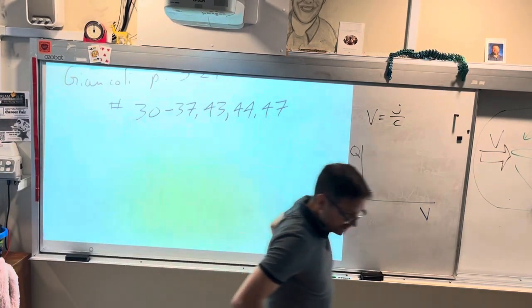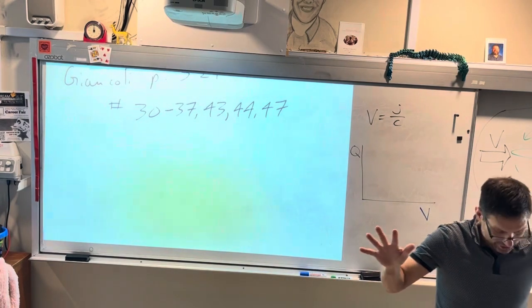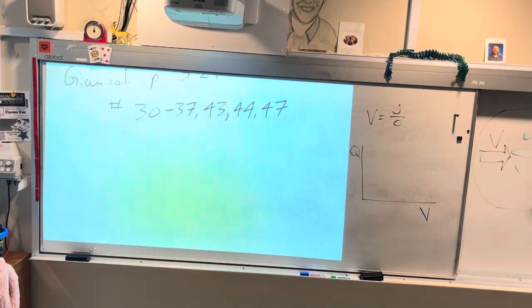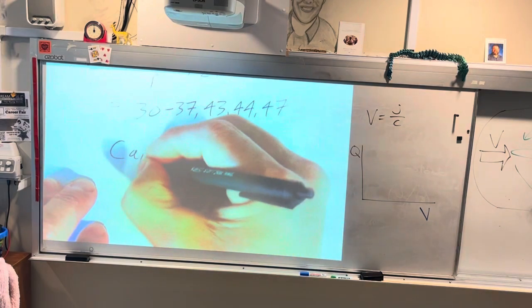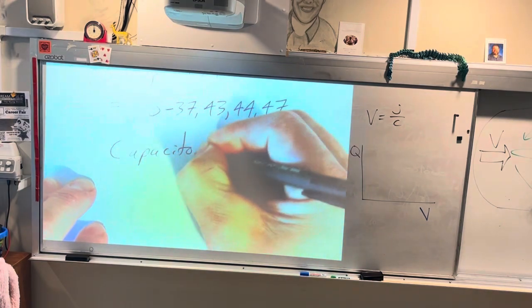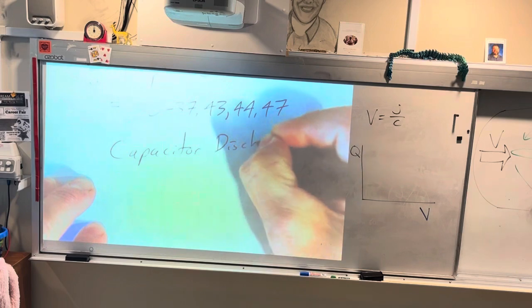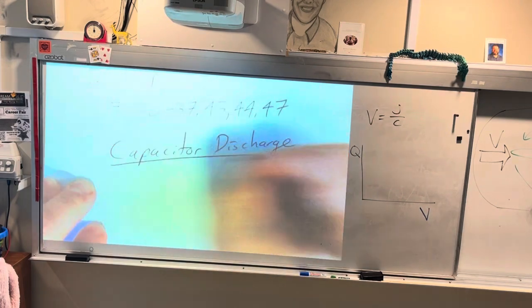Okay, we're just going to do the discharge. This is part 3 of capacitance, and we'll just do the discharging, and then we'll be done with capacitors. So, capacitor discharge.